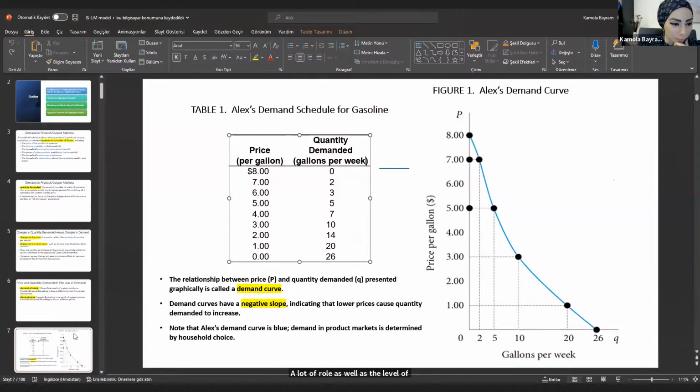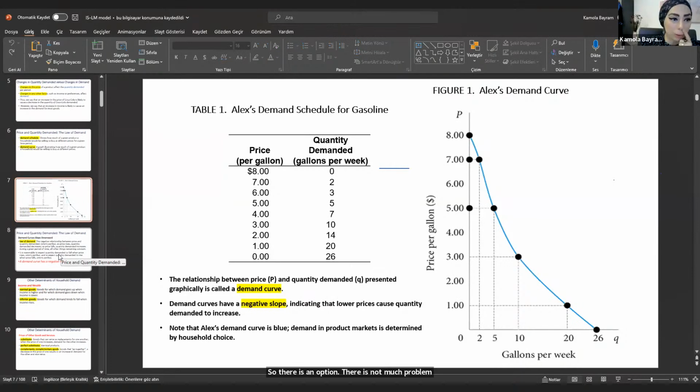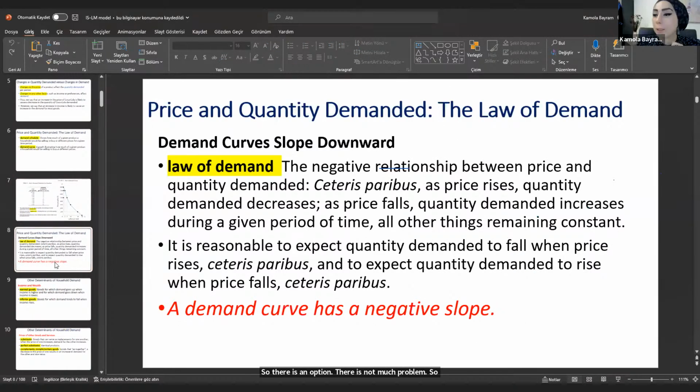Well, of course, when coming to the level of income, here we don't have many changes, but elsewhere we will have a lot of changes. So it might not be affordable for Alex to spend $8 per week on gasoline, but for someone else it will be much more affordable. So there is not much problem. So income and wealth accumulated will also have a lot of influence.